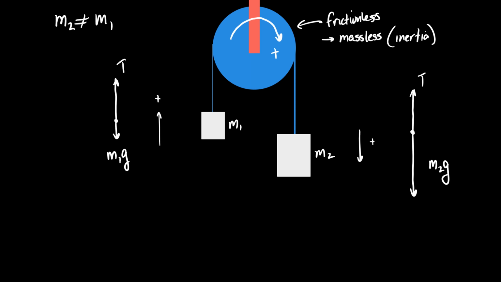Now, if there's only one string and boxes are connected together and the string doesn't stretch, can we agree that the acceleration of one box has to be the same as the acceleration of the other box? Excellent. So T minus m1g equals m1a.